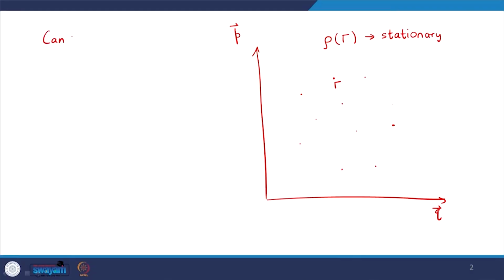So going further, if I want to determine any average property in any of the ensembles, and I have been discussing the canonical ensemble, let's say I am interested in computing an average property in that ensemble.